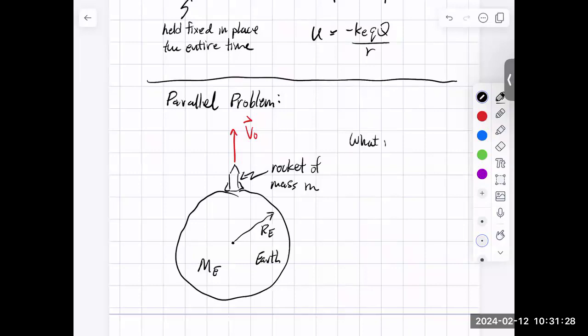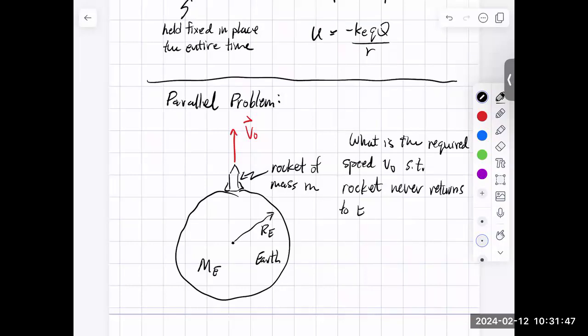So what is the required speed v0 such that the rocket never returns to Earth? Or equivalently, what someone might say in fewer words is, find the escape velocity.